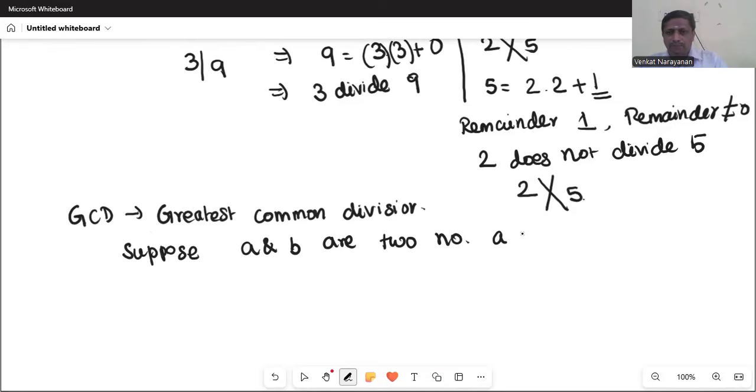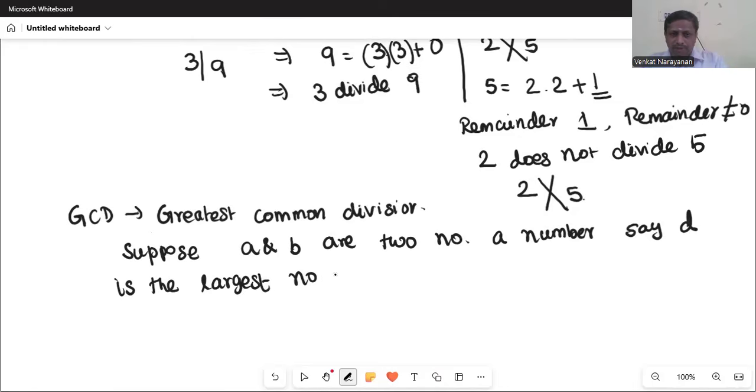A number d is the largest number which divides both a and b.